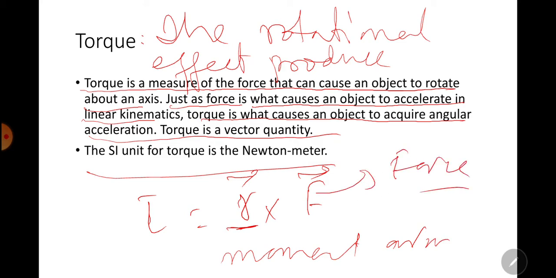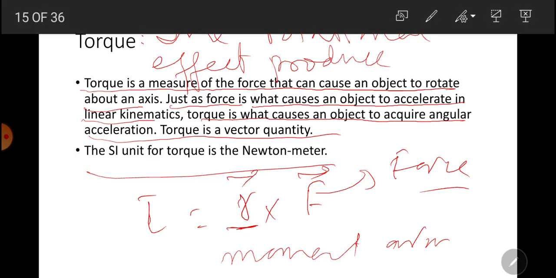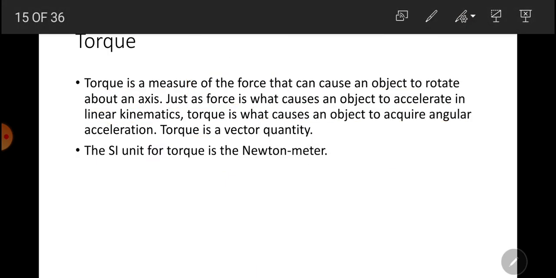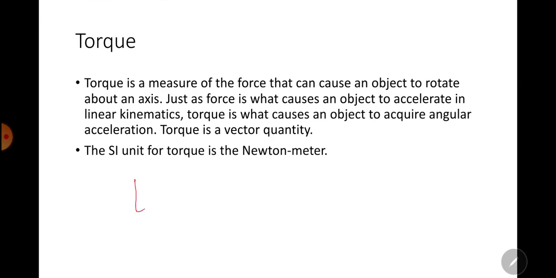So torque is the rotational effect produced in a body, and torque is a vector quantity. Torque is equal to r cross F. The unit of force is newton and the moment arm is meter, so newton meter is the unit of torque.